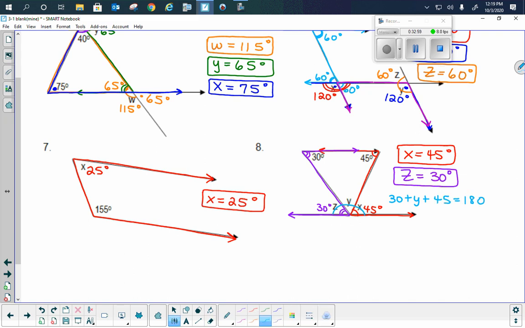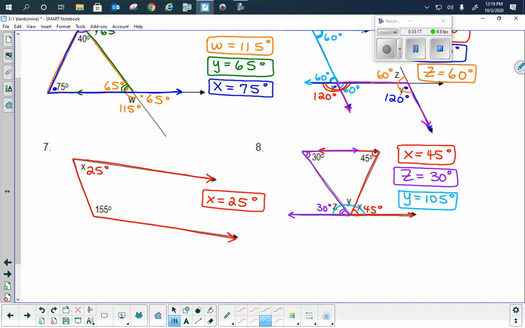So if you do 180 minus the 45 and minus the 30, then you will end up with y equaling 105 degrees.